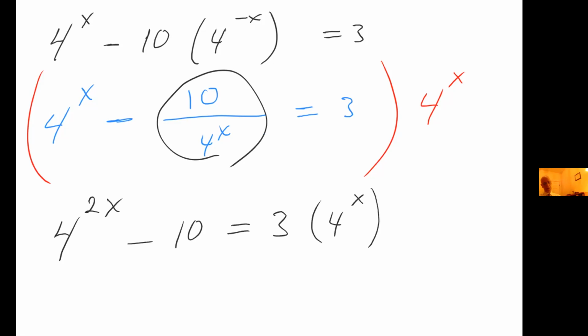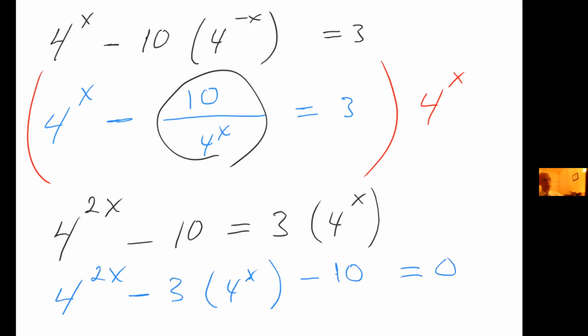And now that I'm trying to solve this, I can put everything on the left-hand side, rearrange this to 4 to the power of 2x minus 3 times 4 to the power of x minus 10 equal 0.